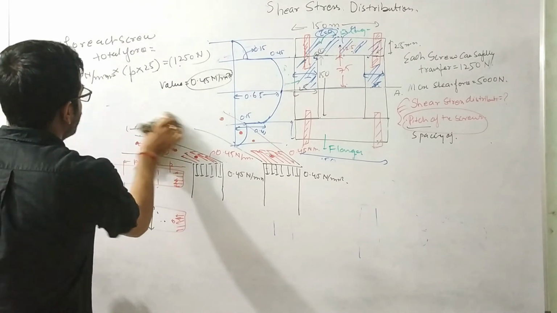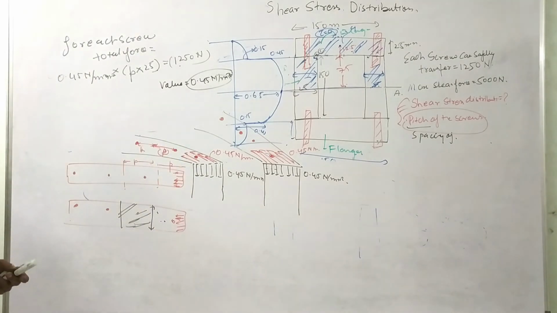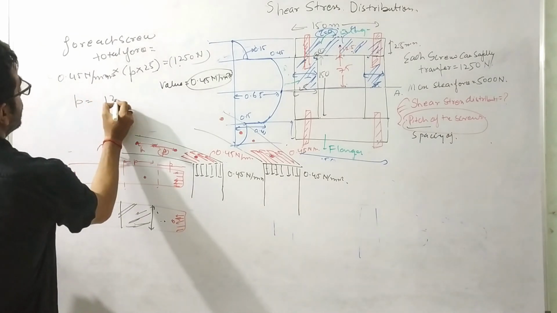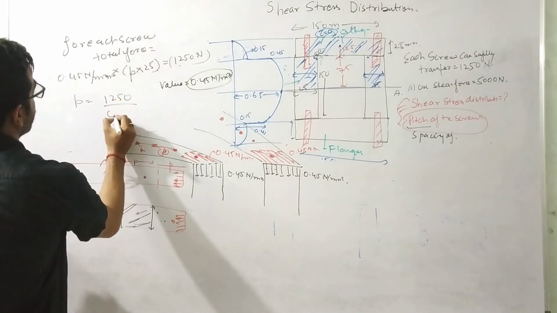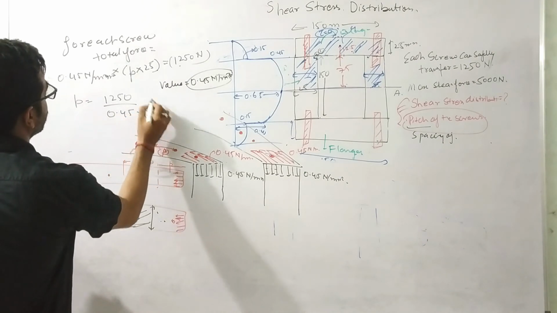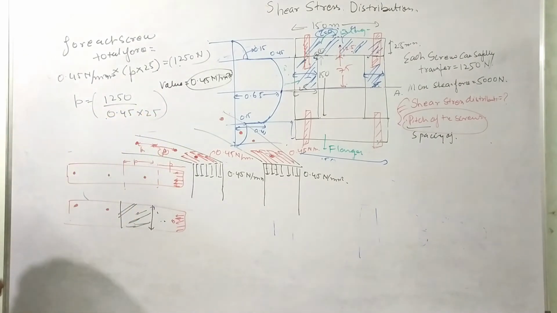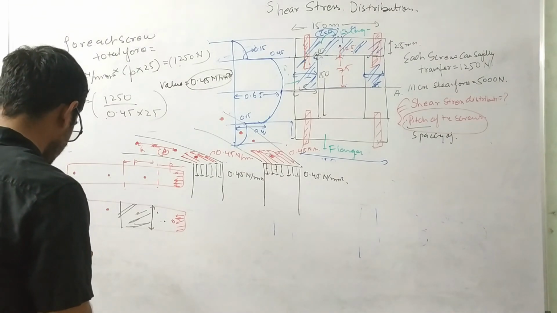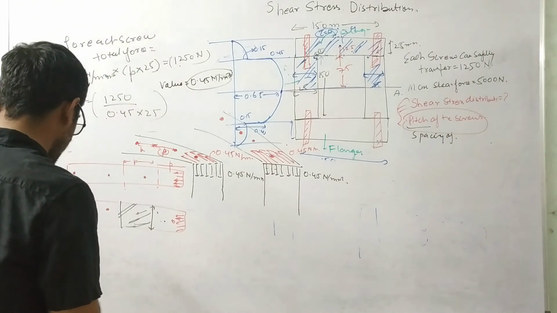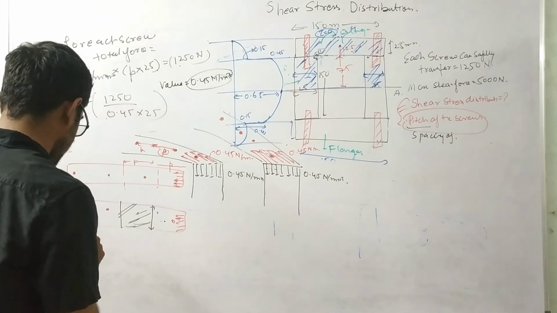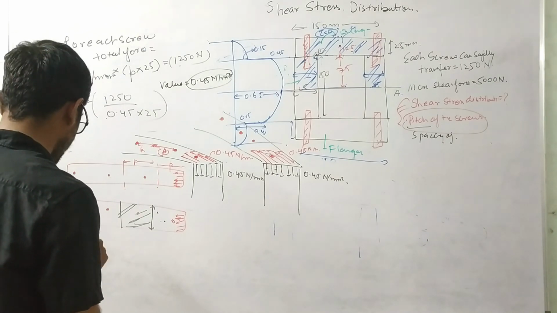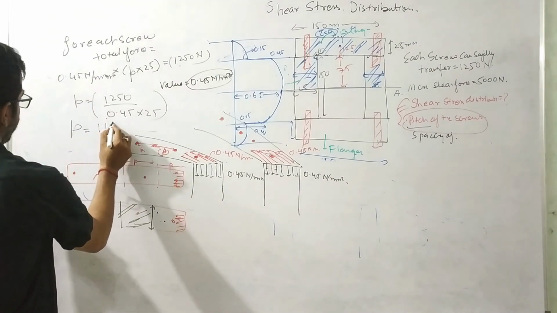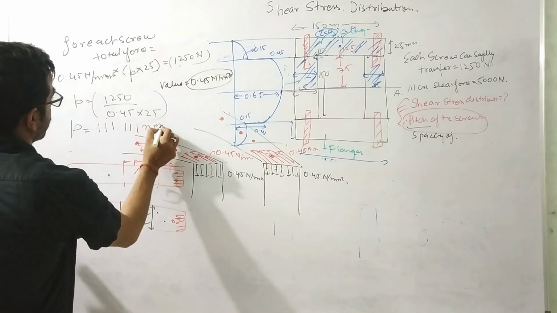So if I calculate this, pitch p equals 1250 upon 0.45 into 25. If I calculate this value, 1250 divided by 11.25, so p is coming out to be 111.11 mm.